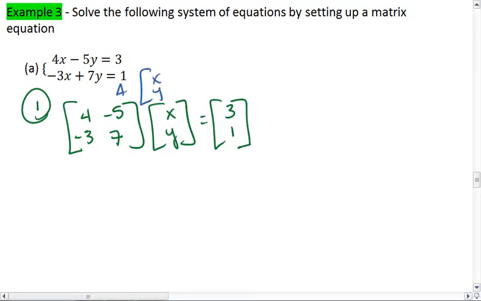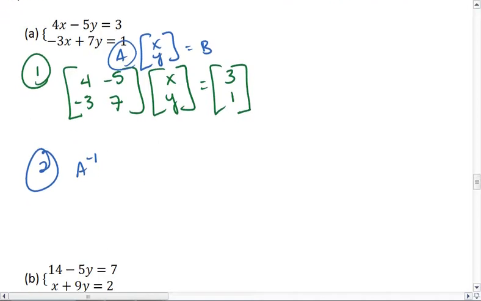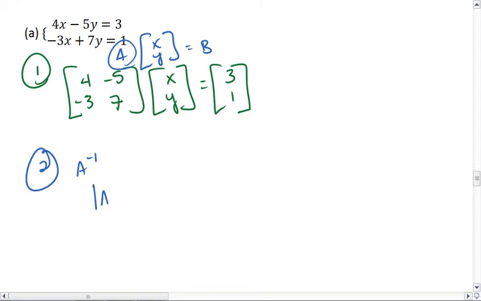Now, I want to solve for the matrix A. Actually, I want to solve for A inverse. Because this is a 2 by 2 matrix, I can use my special little shortcut. To do that, I find the determinant of A, which is 4 times 7 is 28, minus negative 3 times negative 5 is 15, so this is 13.